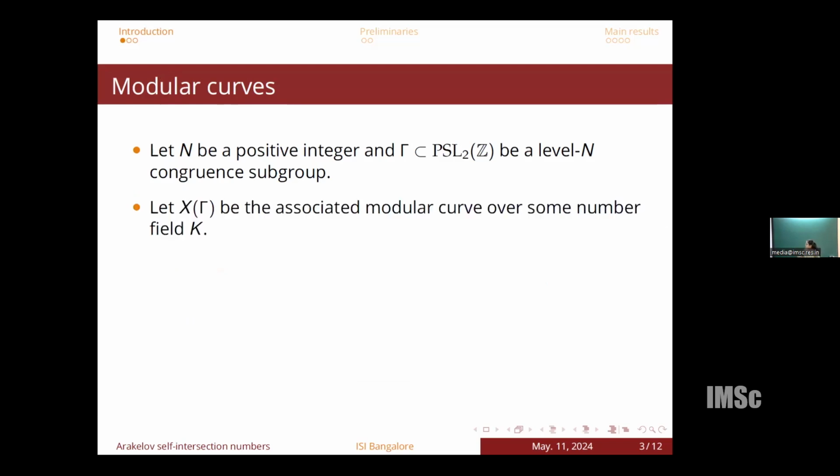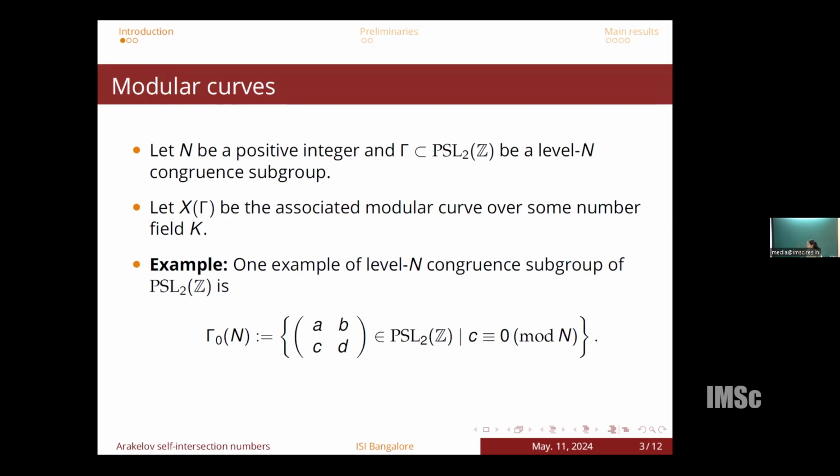By X_Γ, I denote the modular curve associated to this congruence subgroup Γ over some number field K. One example of a level n congruence subgroup is the group Γ0(n), and another example is Γ1(n), defined as the matrices (a b; c d) in PSL2(Z) such that this is congruent to (1 *; 0 1) mod n.